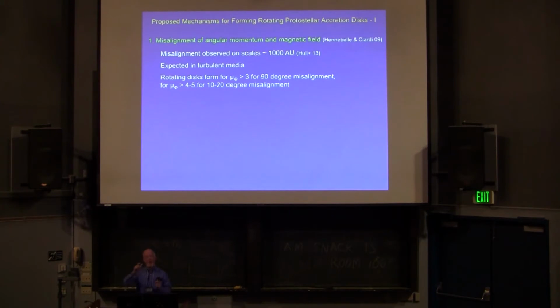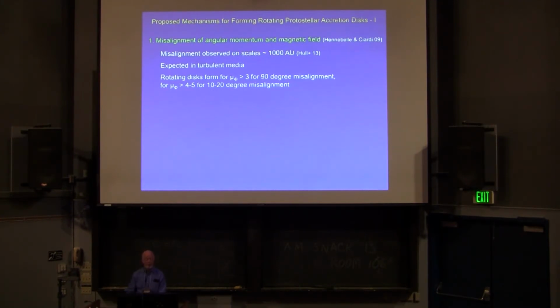So you're essentially comparing things at 1,000 AU with 1 AU scales. Ideally, in all the cartoons you see in theoretical papers, these are perfectly aligned and everything is fine, except, as I said, you can't form the disk. Instead, what the observations show is essentially a random correlation between the orientation at the 1 AU scale and the 1,000 AU scale.